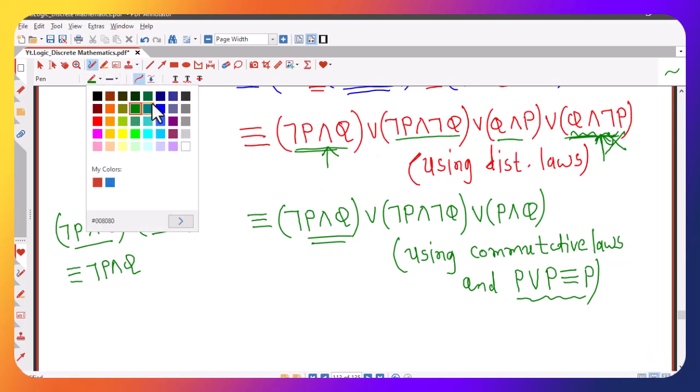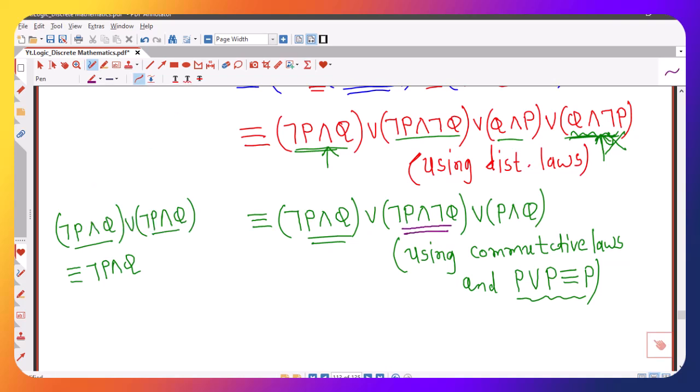Now we can observe that all these are min terms.